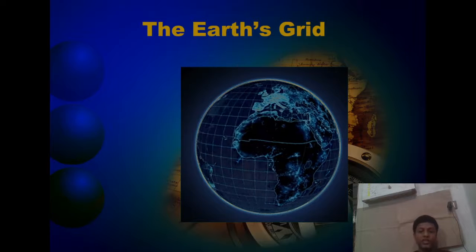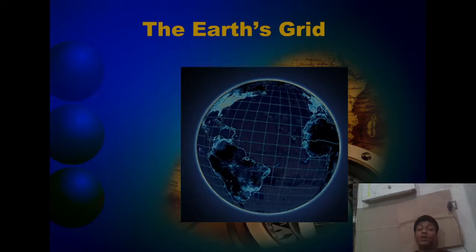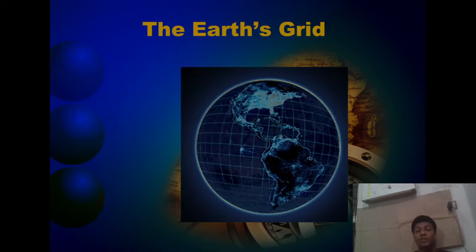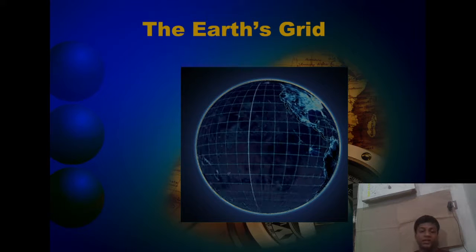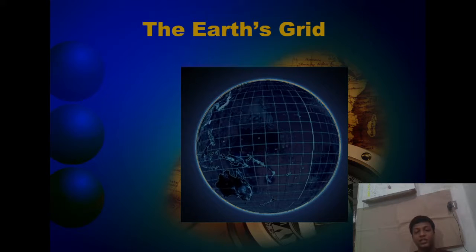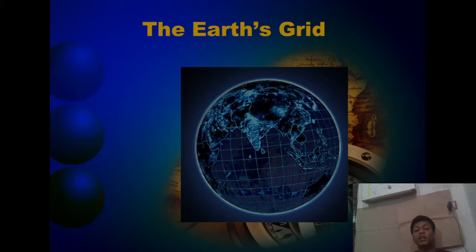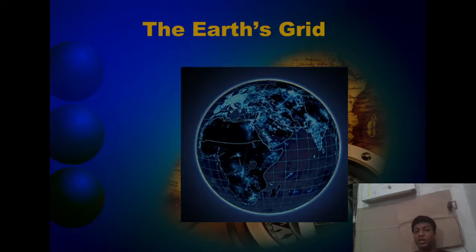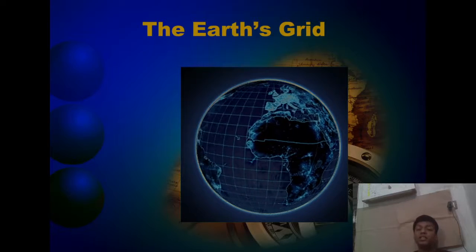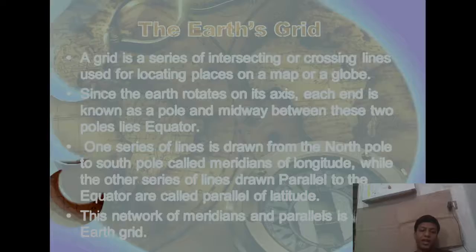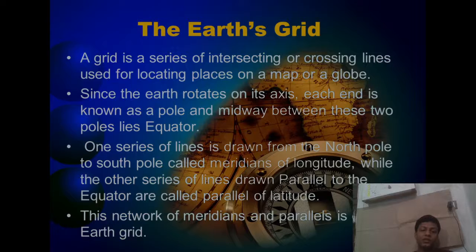With the help of this mechanism we can easily find locations with GPS. So GPS is totally and fully based on latitude and longitude lines, that is, our Earth's grid. Okay, so dear students, this is all about the Earth grid.